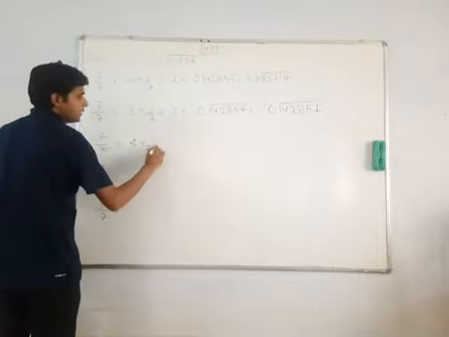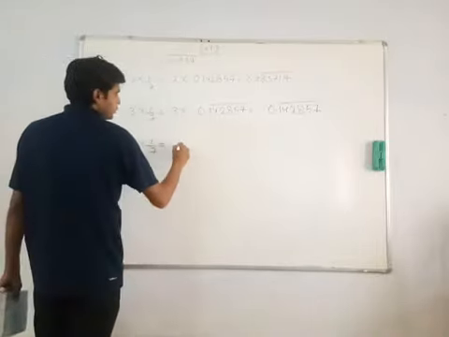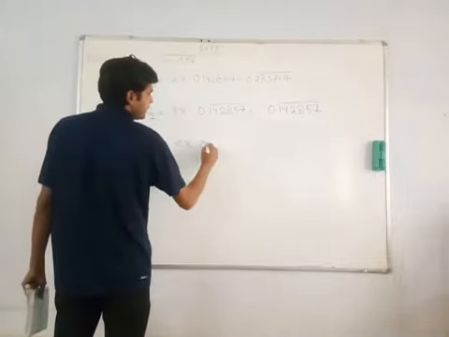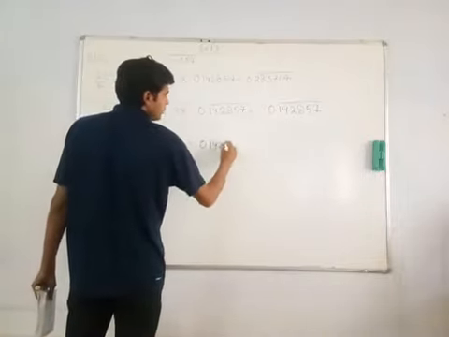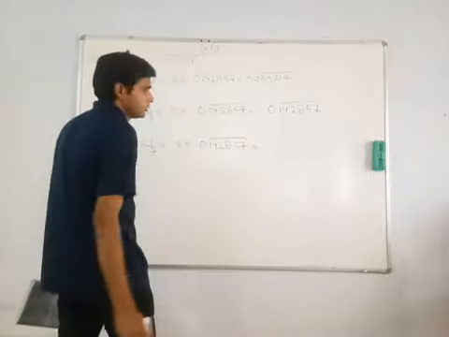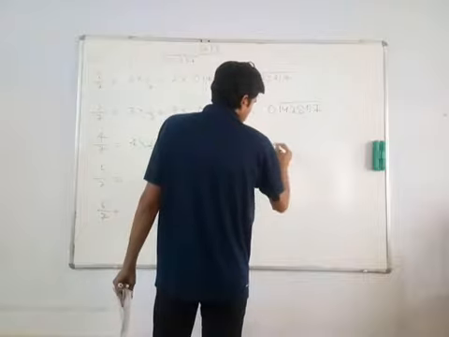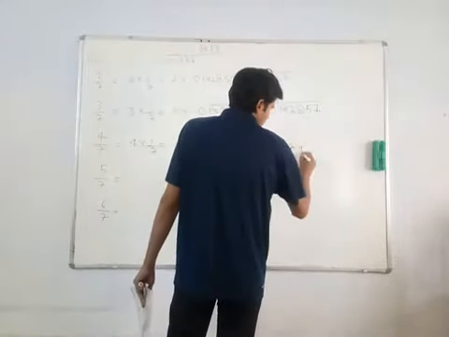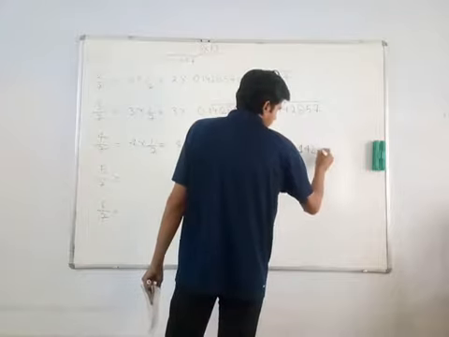4 multiplied by 1 upon 7. The value of 1 upon 7 means 0.142857, so it equals 0.571428.